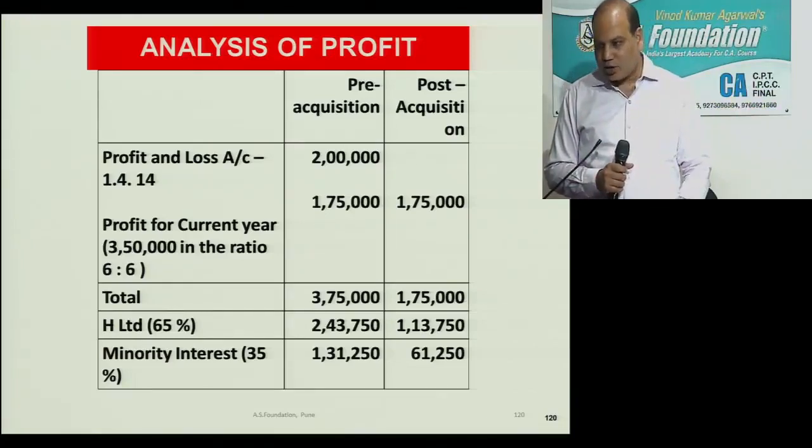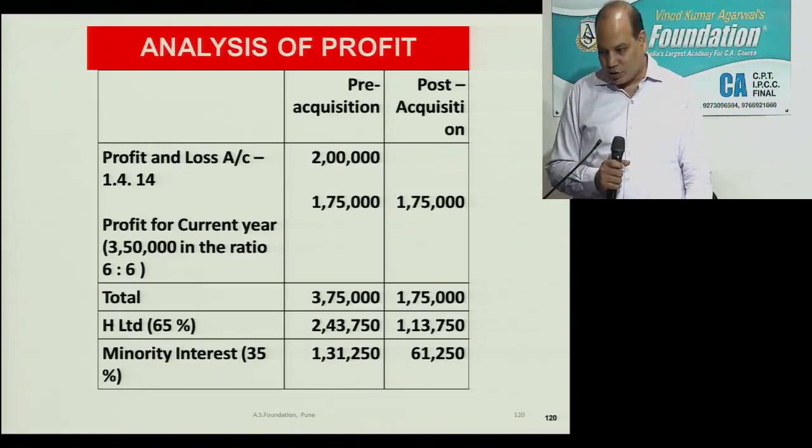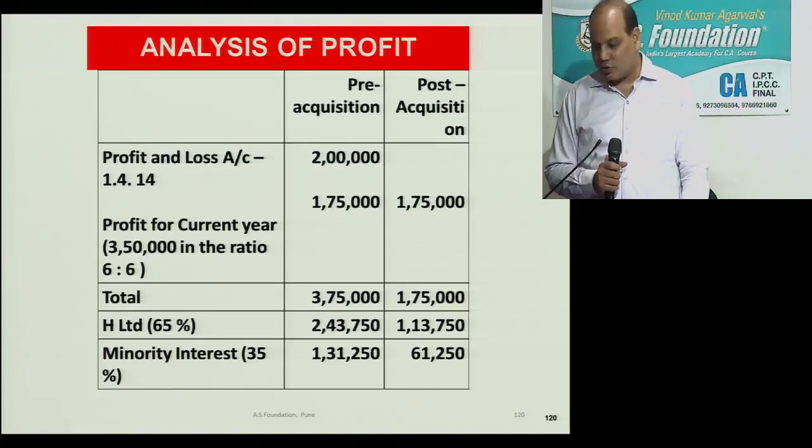Then profit for the current year in bracket 3,50,000 in the ratio of 6:6, 1,75,000 and 1,75,000. Do you agree? Take total without calculator, 3,75,000 and 1,75,000.